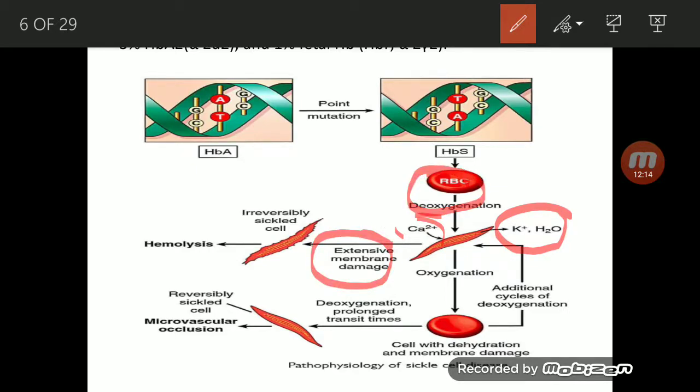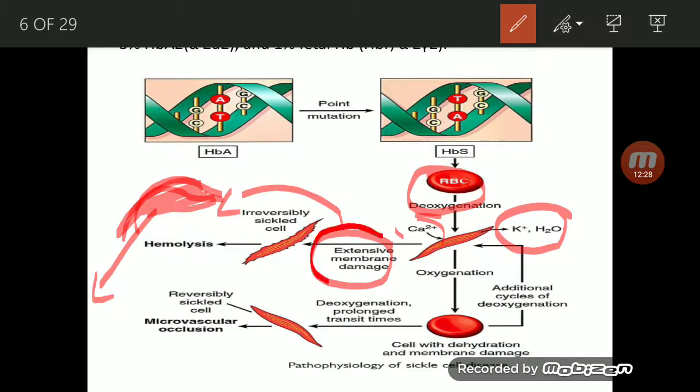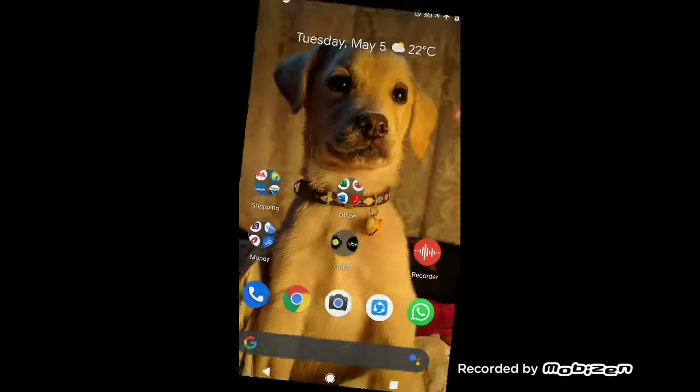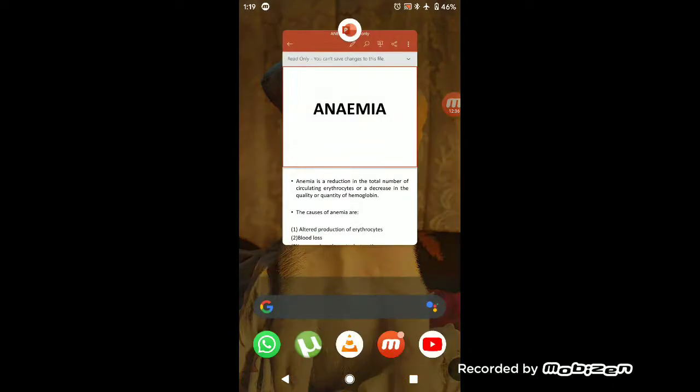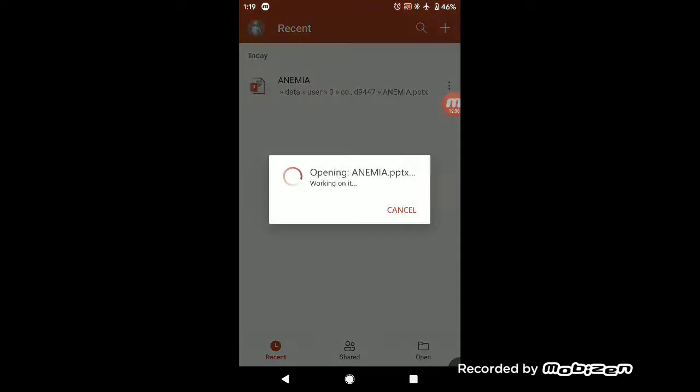Due to damage to the membrane, you now get a permanent sickle cell RBC, and this permanent sickle cell RBC undergoes lysis, so they break off.